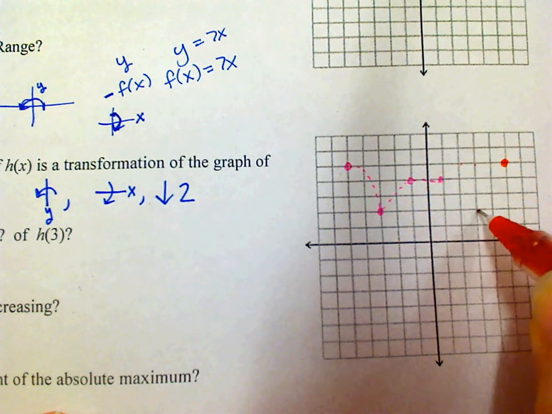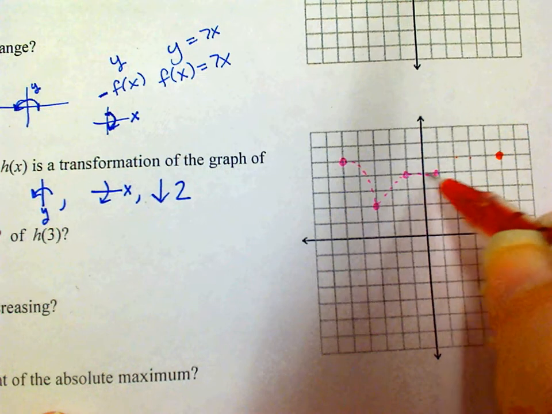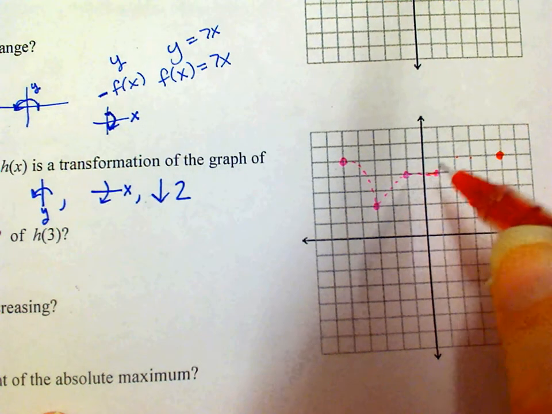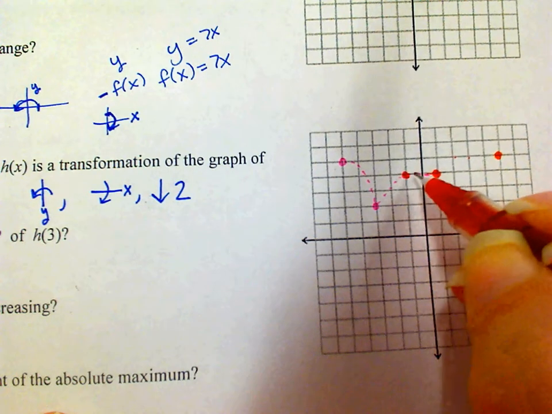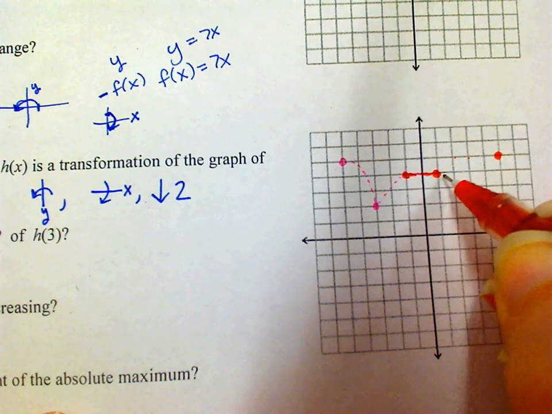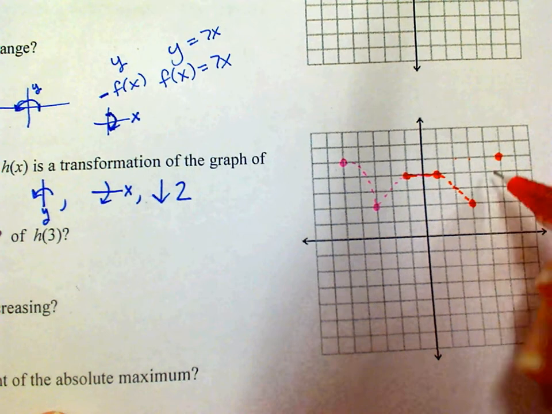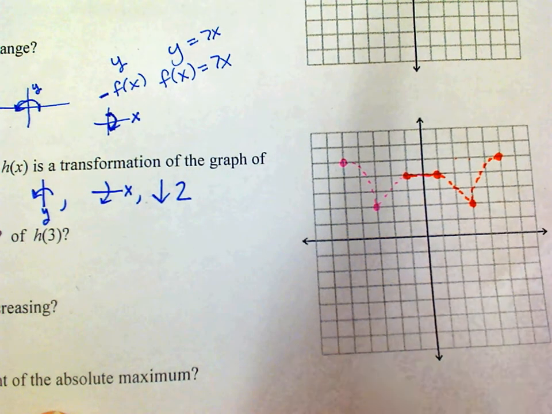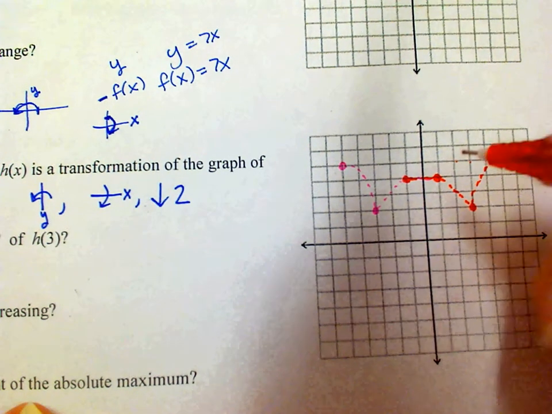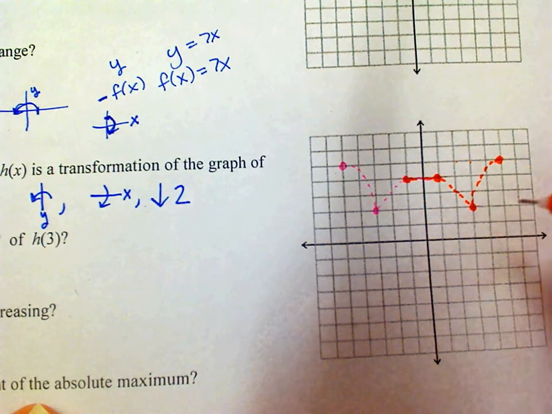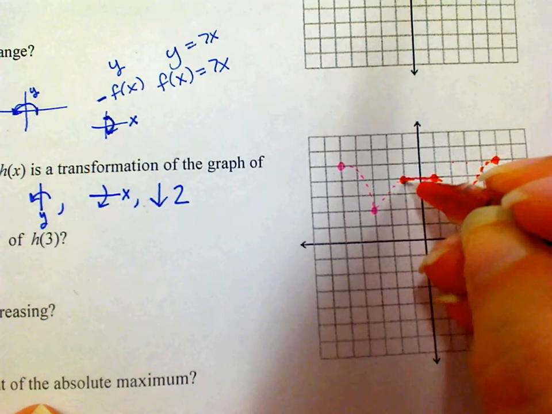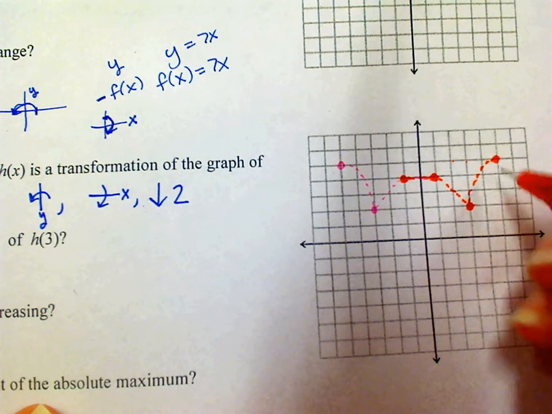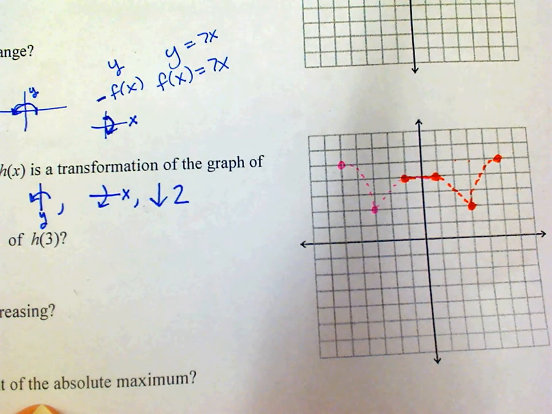Now these 2 points, they're reflections of each other, so that means this one would be here, and that one would be there, which means I've got this shape now. And remember, it should look like a mirror image, so sometimes people start doing it this way. That does not look like a mirror image, so you've got to make sure that you understand, okay? So those are my new points, reflected over the y.